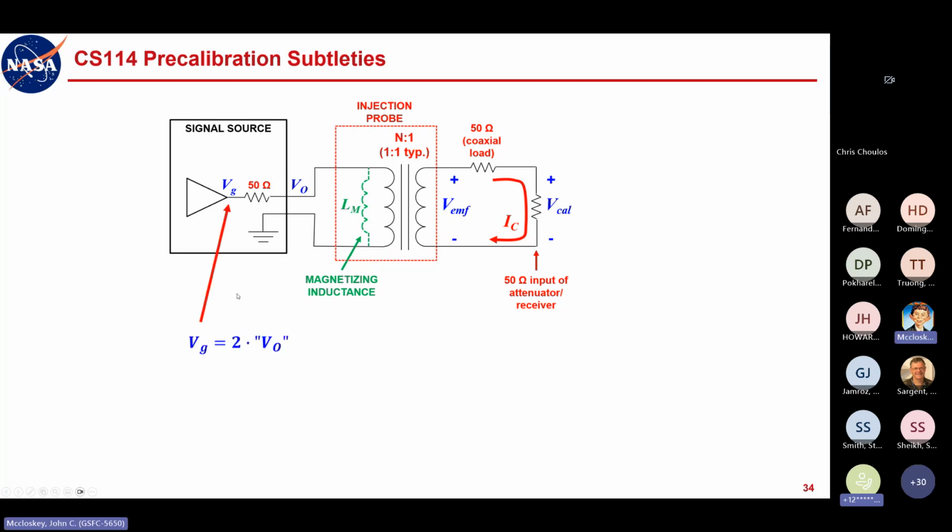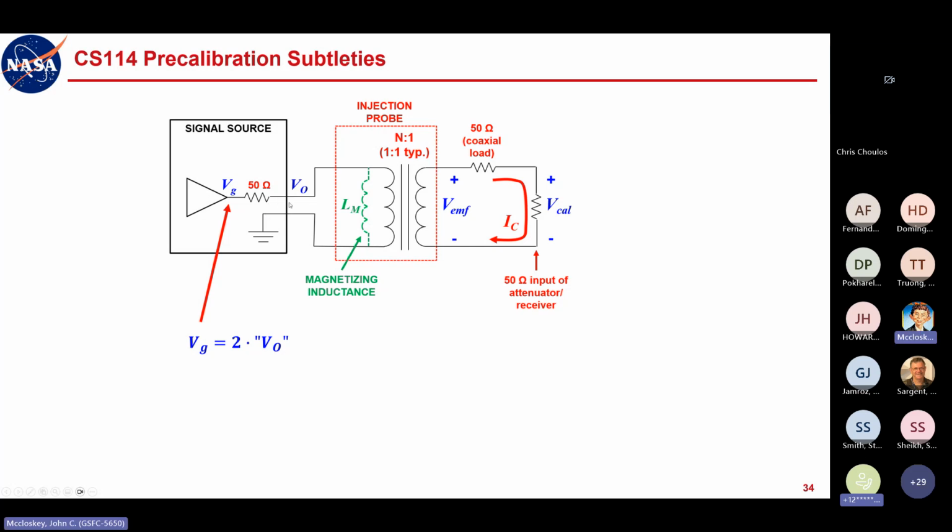Now, to really understand all the nuances here of the pre-calibration and the whole injection technique, we have to start with what I'm calling the generator potential, V sub G. This is what's upstream of the signal source's 50 ohm source impedance.